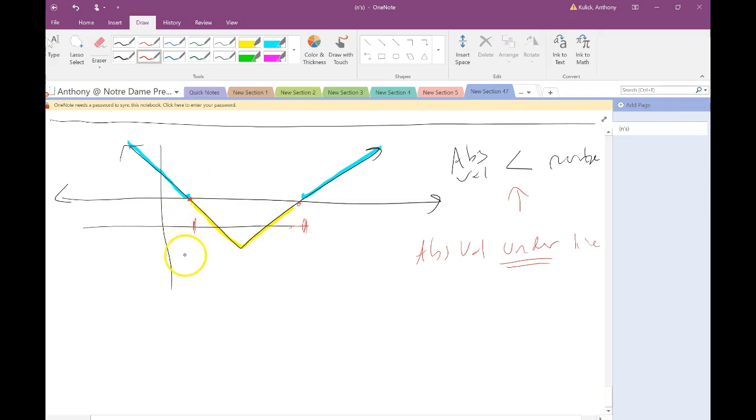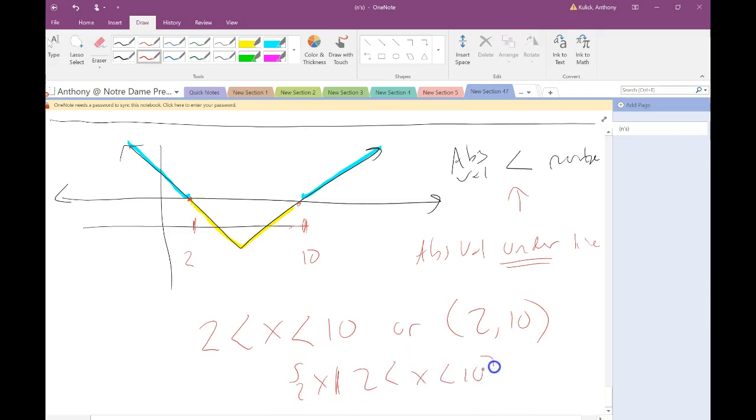So this, let's say, is 2, and let's say this is 10. So my answer is just going to be 2 less than x less than 10. Or I could write it as the interval 2, 10. Or I could say it's the set of x's such that 2 is less than x is less than 10. Any of these would be fine to write the solution set.